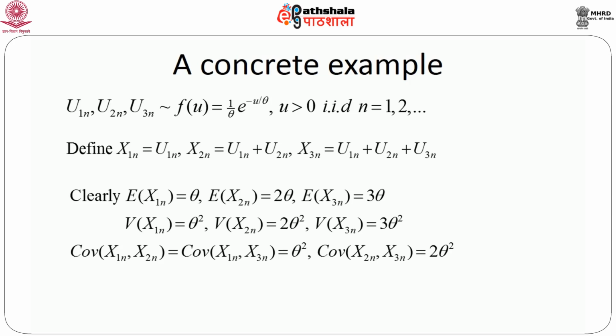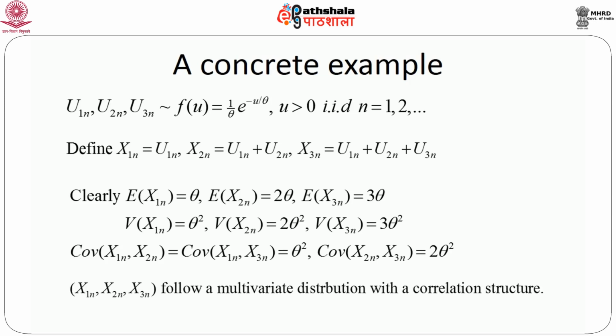So, we can safely say that x1n, x2n and x3n together form a random vector, which is a proper multivariate distribution with a proper correlation structure. There is no question of independence among the x1, x2 and x3 random variables or components. So, x1n, x2n, x3n follow a multivariate distribution with a correlation structure.